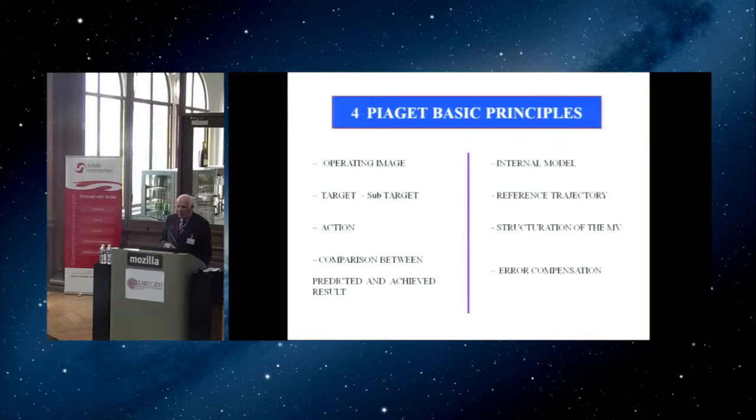So what did we do? We just, stupidly, copied what Piaget said. The operating image is for us the internal model of the process. Input, output: I do that, it becomes that, I store.